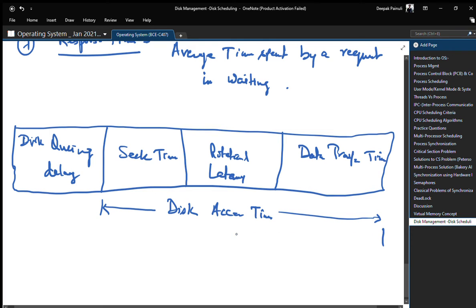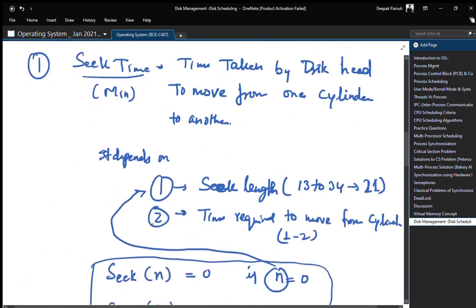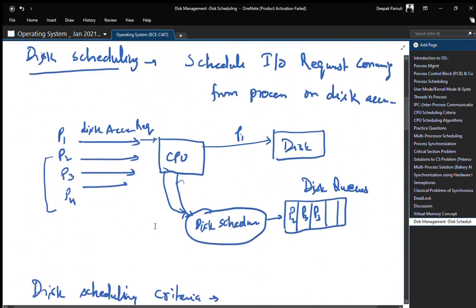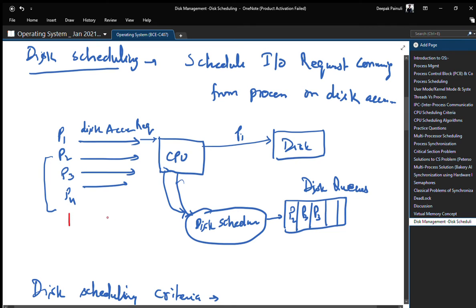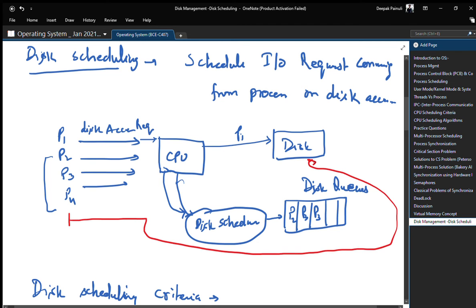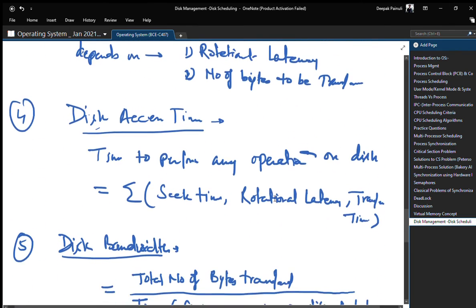And all these four are commonly known as disk response time. It means from the start of that request to the completion of that request is known as disk response time. After how much time the disk responded, right?